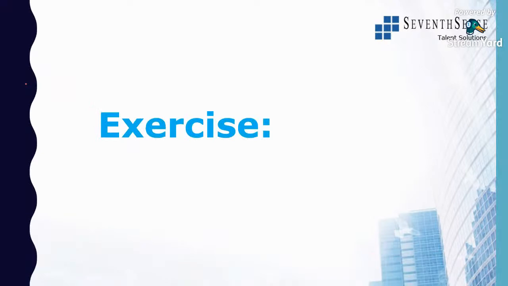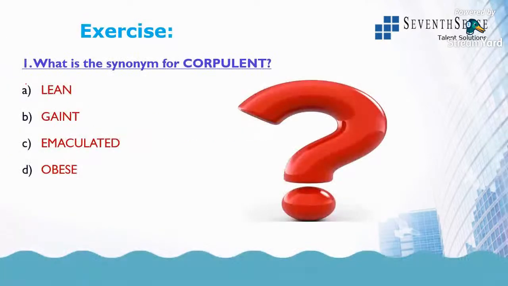We'll solve some exercises based on antonyms and synonyms. See, what is the synonym for corpulent? How to find this here? You have to remember the root word corp. Corp is nothing but body. Try to understand the meaning of any particular root word.